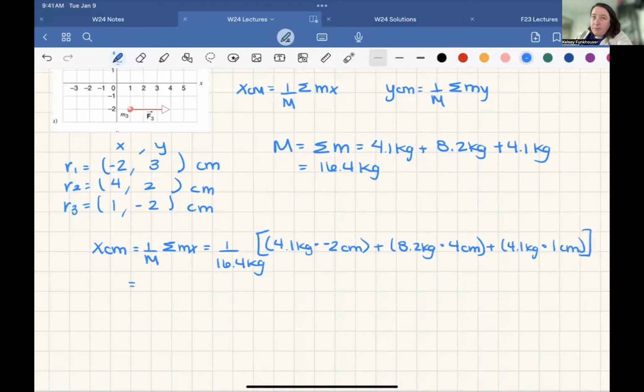Okay, so we get the x coordinate is 1.75 centimeters. So that's the x coordinate of the center of mass.